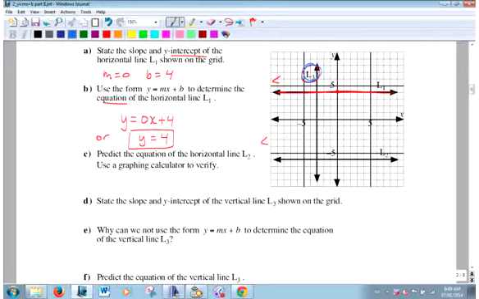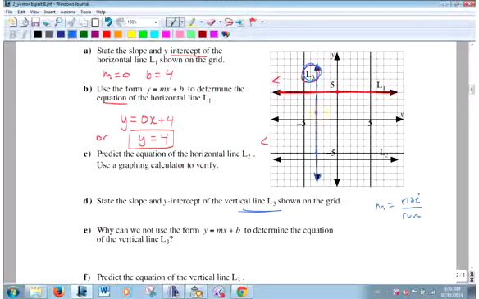Okay, where are we? There's a vertical line. What do we know the slope of a vertical line to be? Undefined. Okay, because slope again is rise over run. And how far does this thing run from this point, say, to that point?